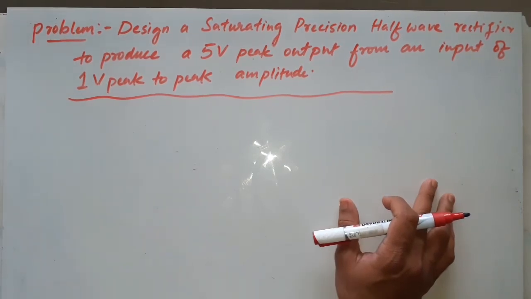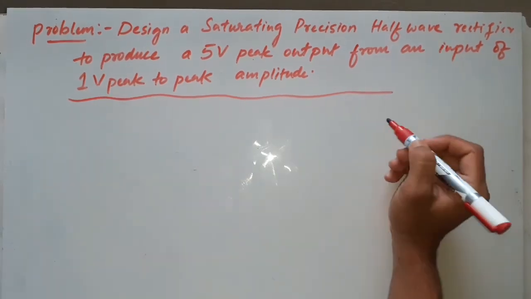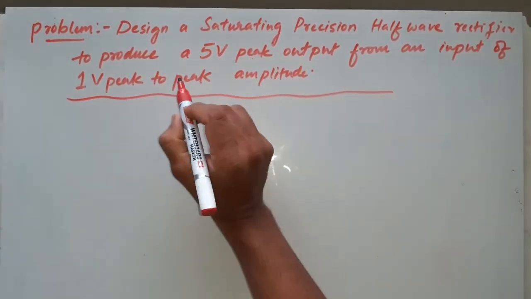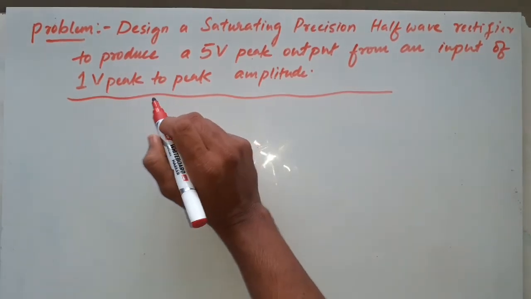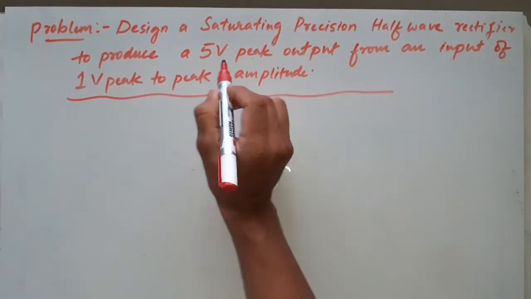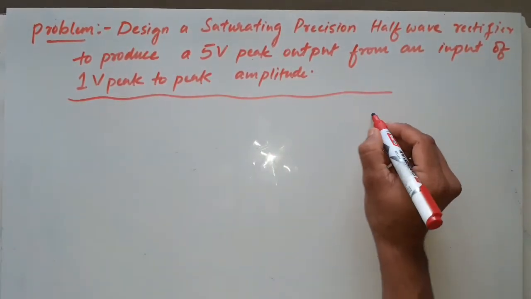Before drawing the saturating half wave rectifier circuit, I want you to understand what he is asking, what is input and what is output. This particular circuit should produce 5 volt peak output.